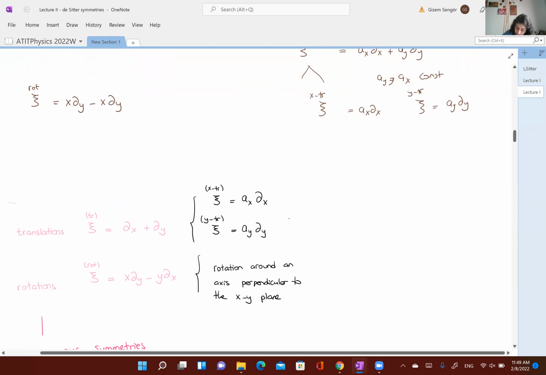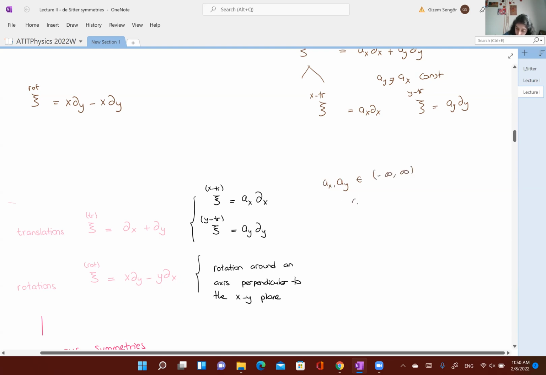So these ax, ay are some parameters, and they can take on any value, right? Like you can translate by any amount. You can translate by 5 units, you can translate by 0.1 units. So these ax, ay can be anything.